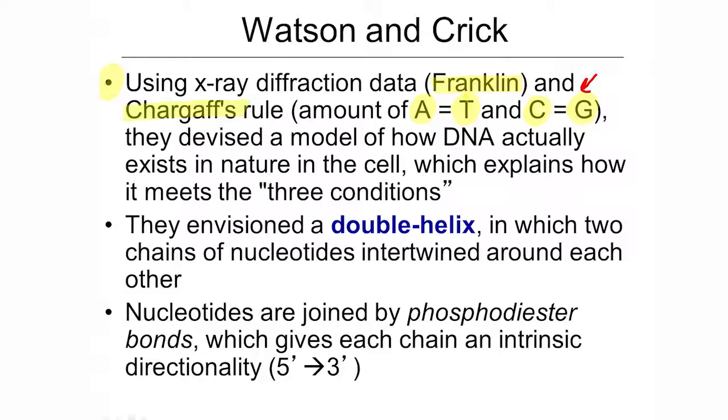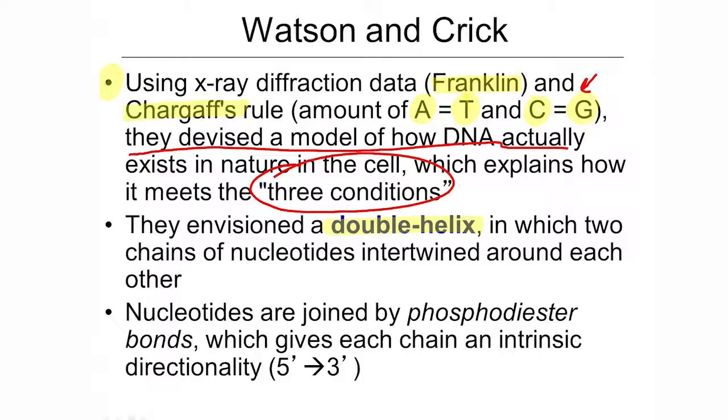Watson and Crick took all this, put it together, and figured out a model of how DNA actually exists in nature in the cell. And it does explain how it meets those 3 conditions that we mentioned, preconditions of the genetic molecule. So now famously, they envisioned what they called a double helix, which we'll take a look at in a moment.